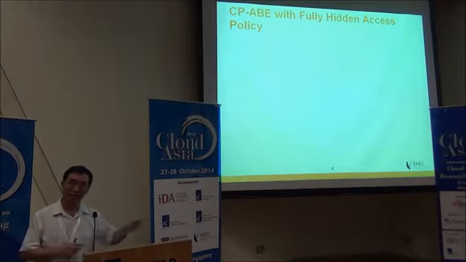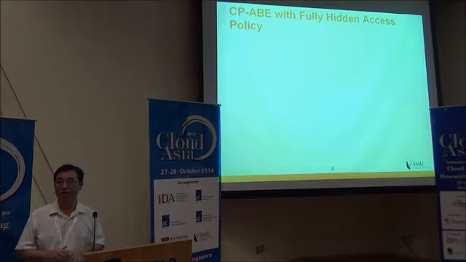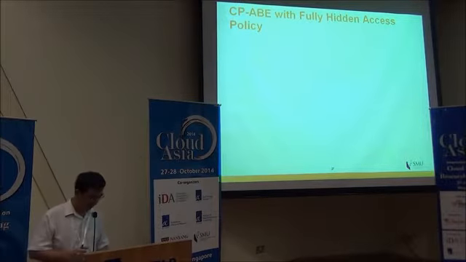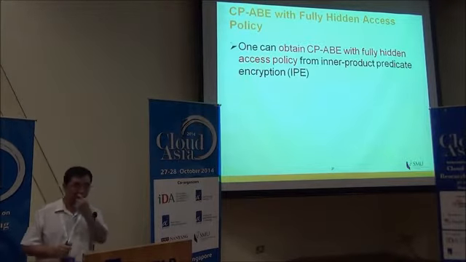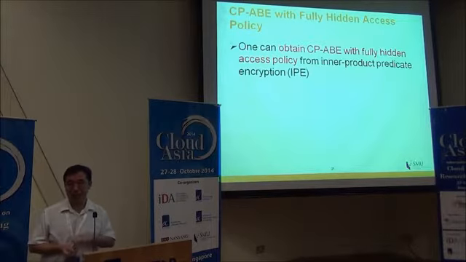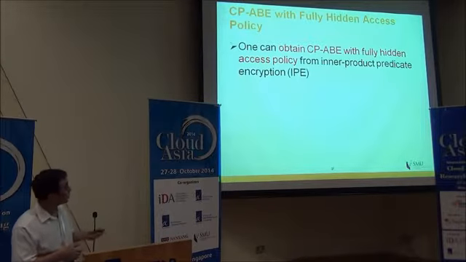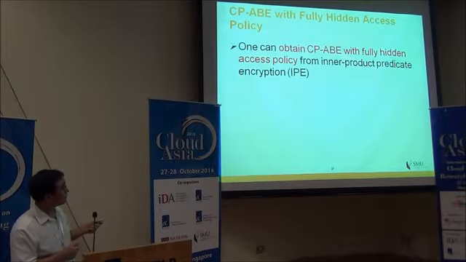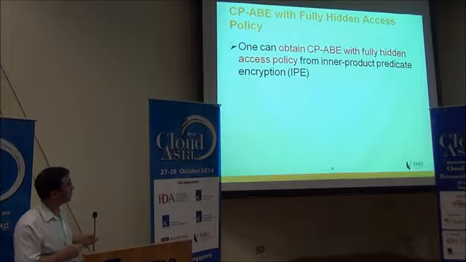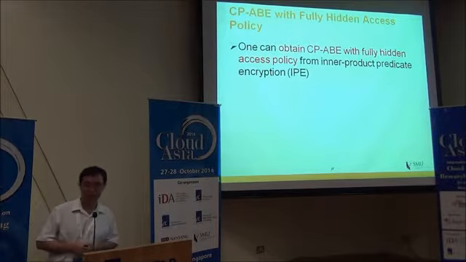We attach the policy to the ciphertext, but the details of the policy are hidden, not in clear text. So there are research efforts on this to completely hide your policy. For example, you can have ABE with fully hidden access policy using inner product predicate encryption.